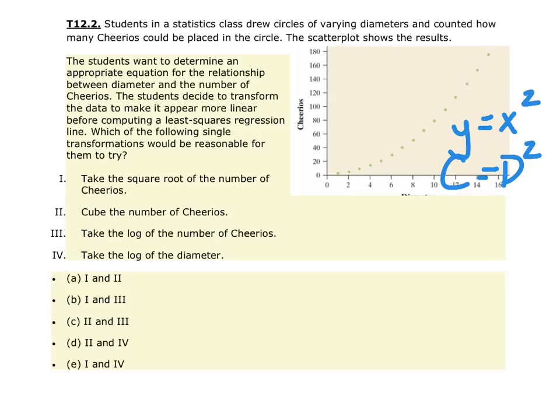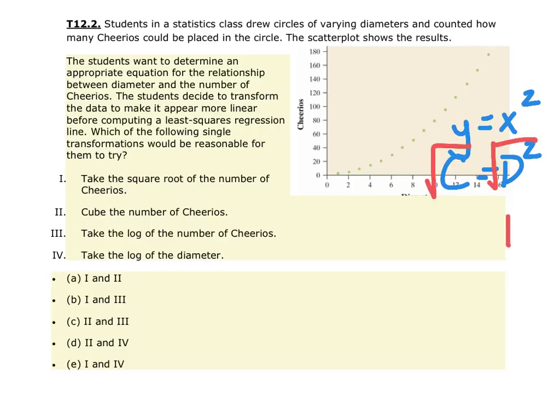So in this power function, if you want to remove this power, one thing you could do is take the square root of the number of Cheerios, and that's basically just rewriting this equation.